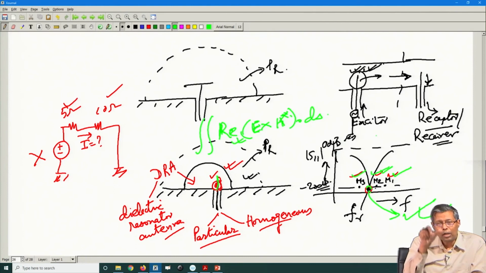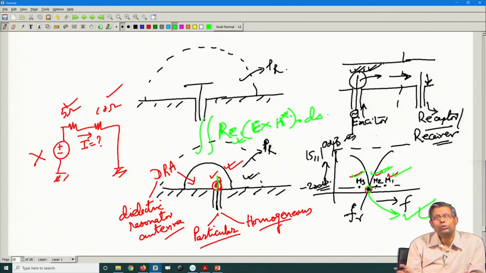I can have a quantitative estimate, nothing qualitative, a quantitative estimate of the power radiated at different modes, and it will give me a rigorous perspective, because there is no approximation in the Green's function. It is a rigorous technique, a full wave technique with no approximation. I mean, there are a couple of steps in it, and any method will have a number of assumptions in that sense, but otherwise it is a very full wave and rigorous technique.